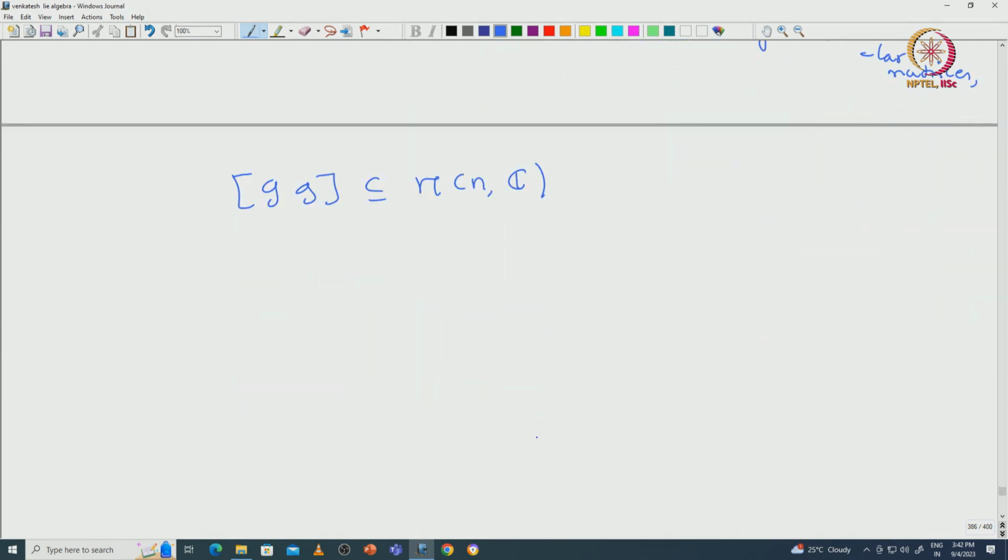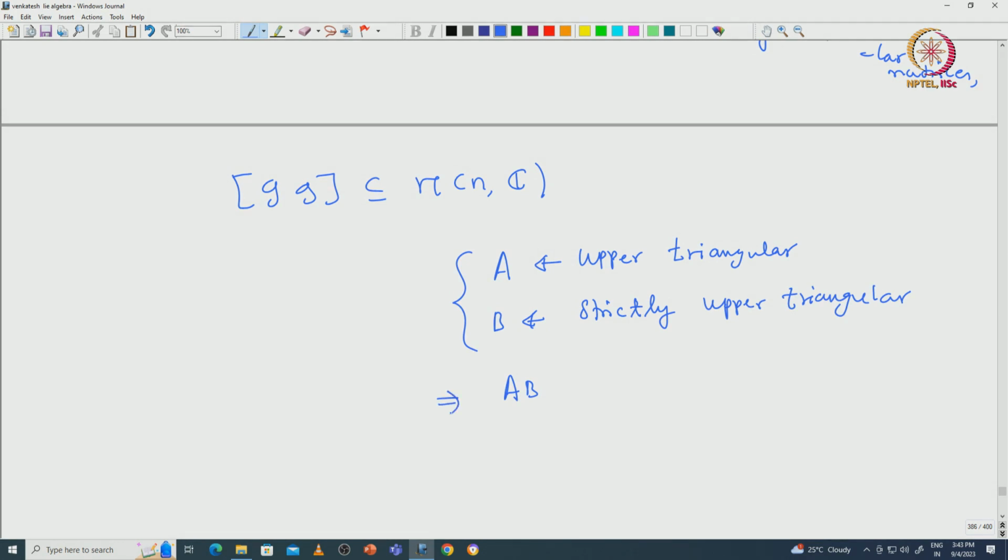But it is not hard to see that if we take capital A being upper triangular and capital B being strictly upper triangular, and take the product AB, then this must be strictly upper triangular.